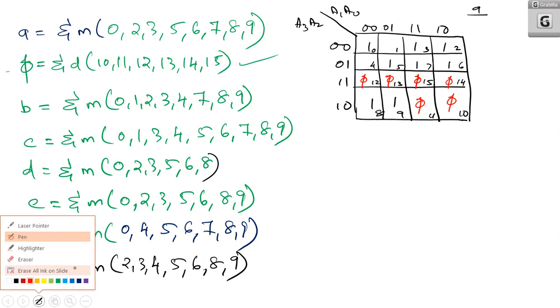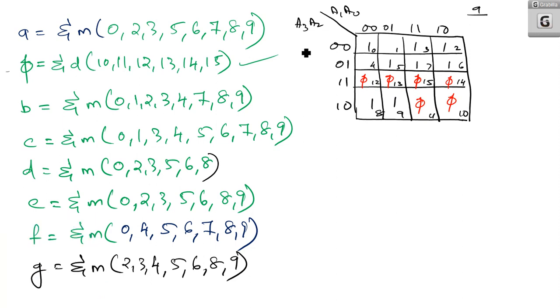So I will write the terms here. This is A3 bar A2 bar, A3 bar A2, A3 A2, A3 A2 bar. Then A1 bar A0 bar, A1 bar A0, A1 A0, A1 A0 bar.